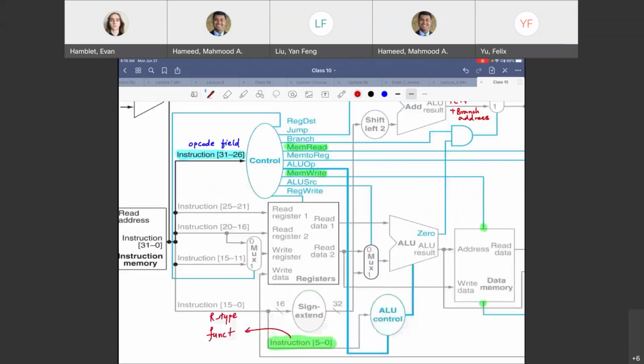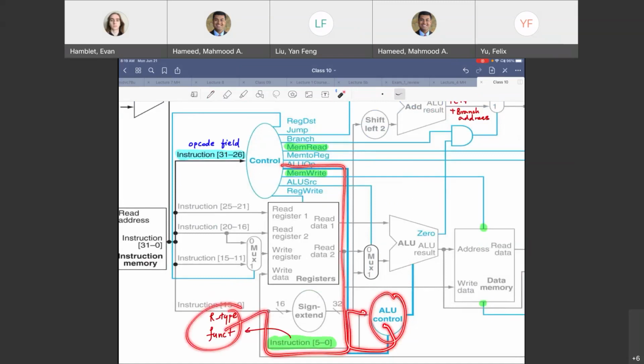So you're looking at this ALU control block, which is going to take 2 bits from here, it's going to take this function field from here, and it's going to generate a 4-bit code telling the ALU what to do. Add now, subtract now, whatever that operation is. And now, or now.